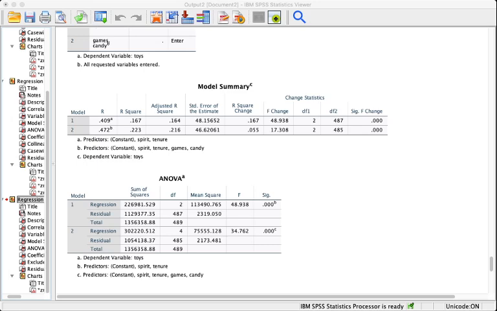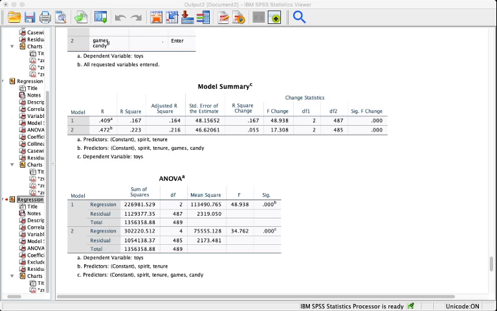So for this, how I would interpret it, if I'm looking just at this model 2 line, I might say that games and candy accounted for 5.5% of the variance in toys, above and beyond what was already explained by tenure and spirit.